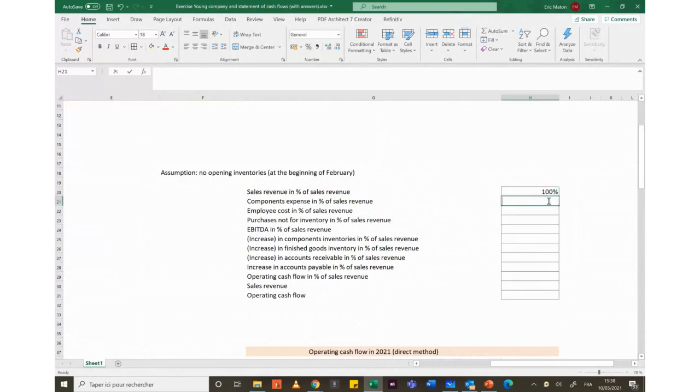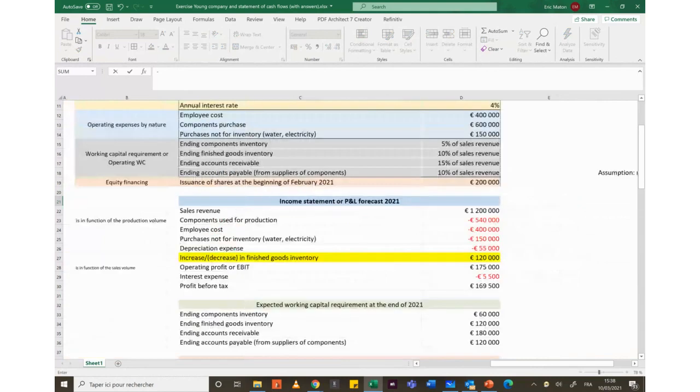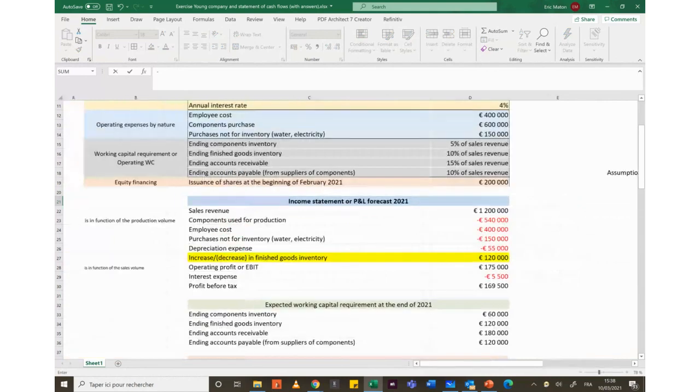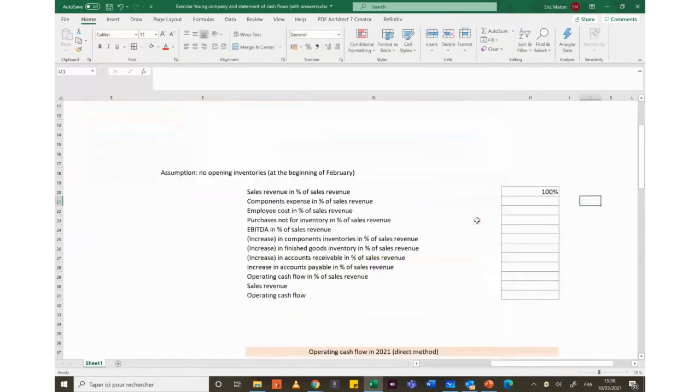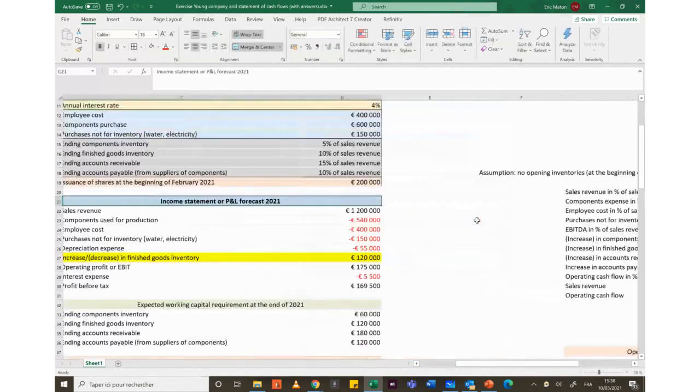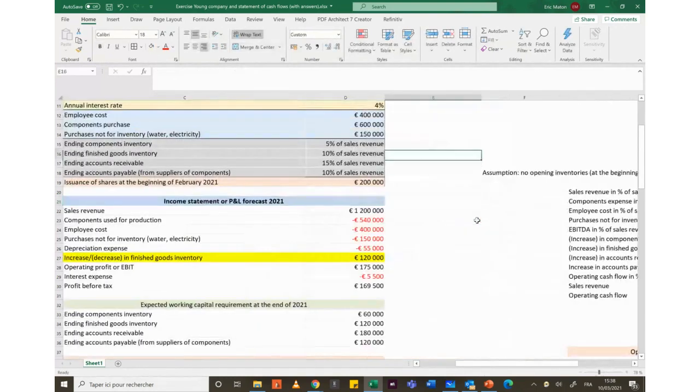I put in minus because I have the increase in finished inventory. So it's not exactly this one. I have to take this one, and I don't know the part of the components in the finished inventory. So I have to decide, I suppose. I need new information.